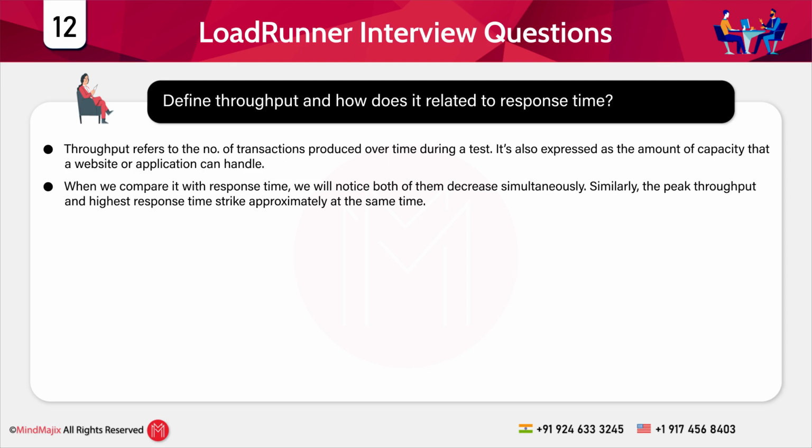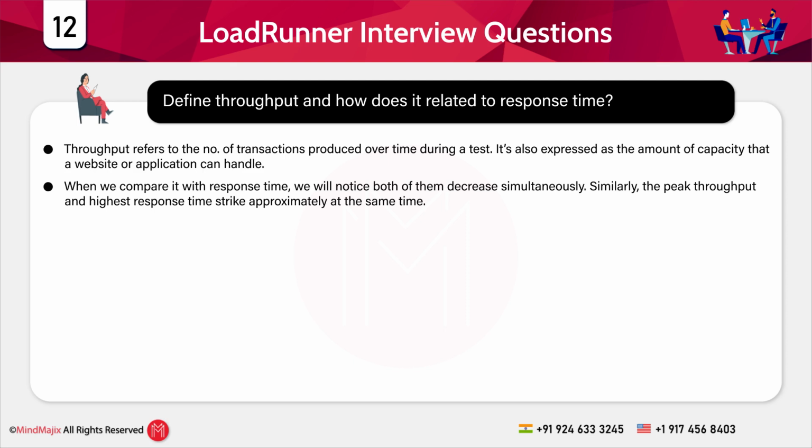So how is throughput directly or indirectly related to response time? Response time is the amount of time we take to get a response after sending a request. When the response time is slow, automatically throughput will also be affected. When we compare it with response time, we will notice both of them decrease simultaneously.